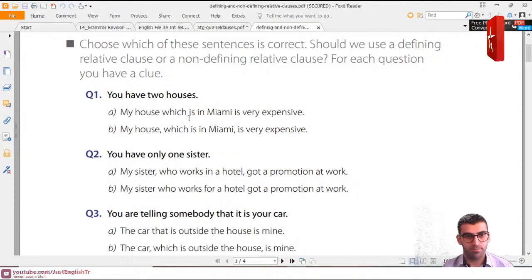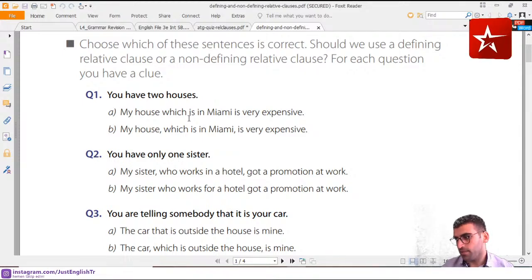Gulsafa says B, my house, which is in Miami, is very expensive, with commas. All right, we will see. Let me check your comments to make sure your answers are correct or not.